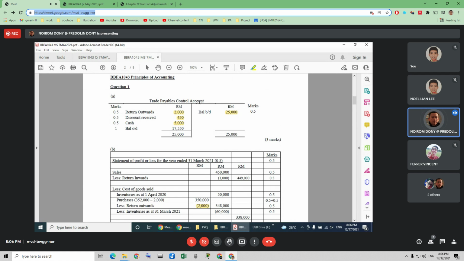Okay, so the question required you to prepare the trade payable control account to show the adjustment to the trade payable. So meaning we have to show what is the balance of the trade payable after all the adjustment.